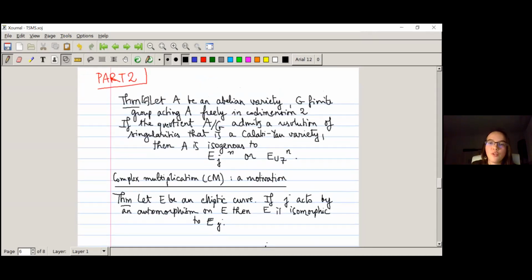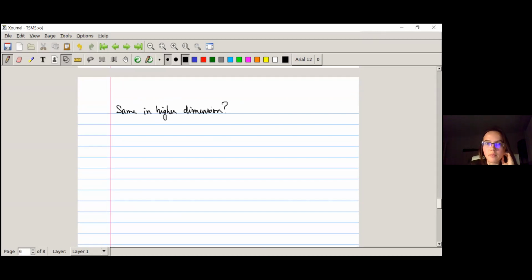So the theorem is that if the quotient admits, you have a group action. So this group action is going to tell you something. You're going to have elements in the group, and these elements in the group are going to have some J in them, maybe, or some ζ7 in them. And that's why you're going to have some EJ or some Eζ7 in A. And so that's the motivation for the theorem.